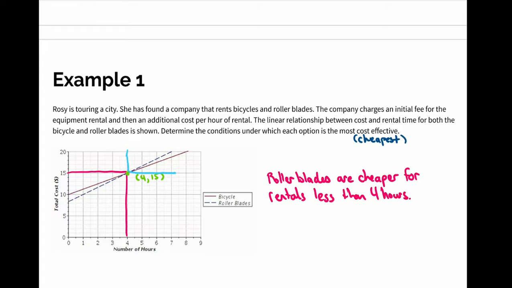And the reason I said 4 hours is because I know that at 4 hours, they're going to be the same cost, and then we kind of switch cases. So the rollerblades are going to be cheaper for rentals less than 4 hours.